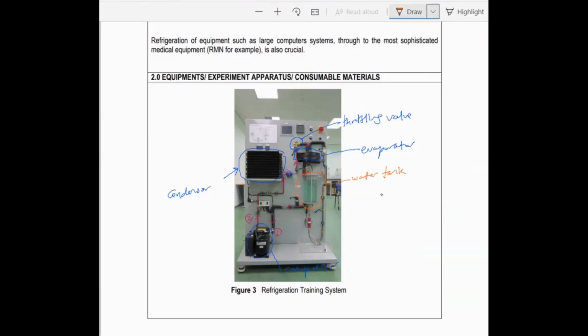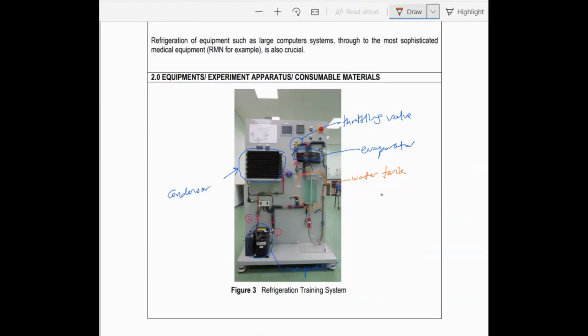Because for a refrigerator, for example, there is a load. So to simulate the refrigeration process, the load that we are using is the water inside this apparatus.